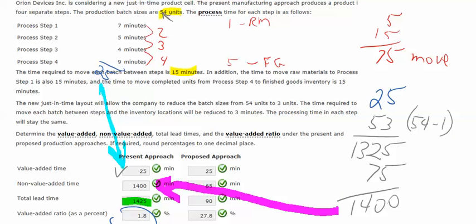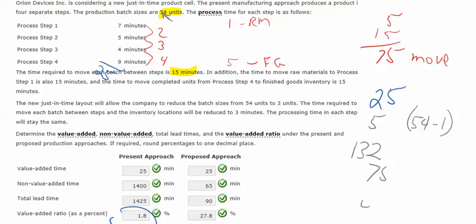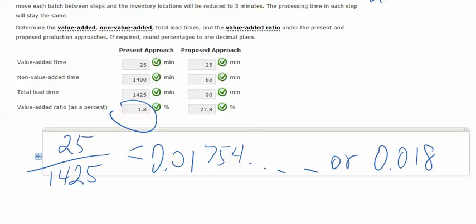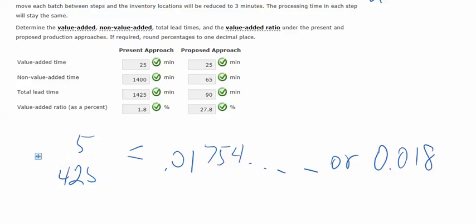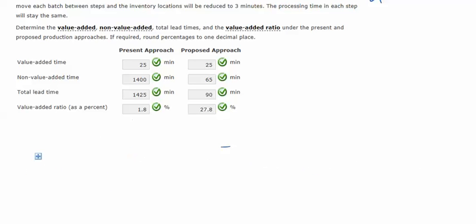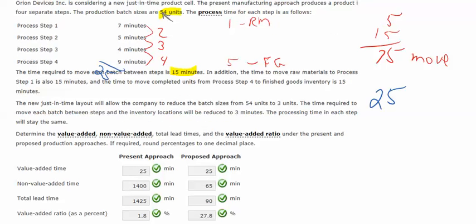Next, I'm going to work on the JIT. So I'm going to erase some of this. To work on the JIT, we have a difference. We still have the same amount for the value-added time, but my batch size has been reduced.